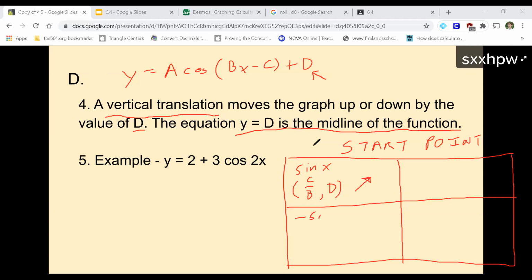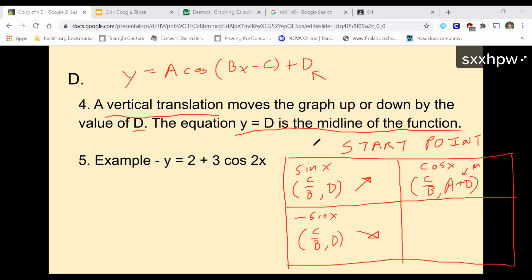For negative sine, you will still start at the exact same point. The only difference is you go down afterwards. So instead of intercept maximum, we'll do midline minimum. For positive cosine graphs, you will start again, x value is c over b. We already have that in our notes. But cosine starts at its maximum point. So it starts at the a value. But since that is now being translated up or down by d, we will start at a plus d.